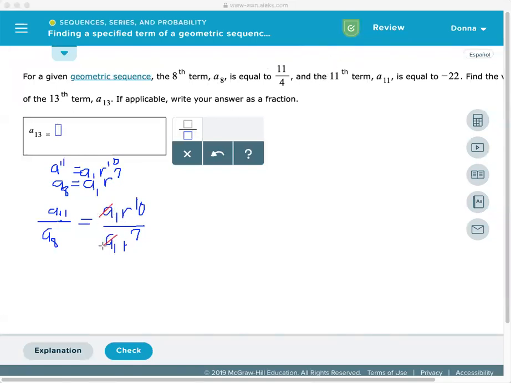And then I just have one variable, r to the 10th over r to the 7th. But that can be simplified by using the quotient rule when we have the same base. So we have r to the 10th over r to the 7th. That's going to give us r cubed.